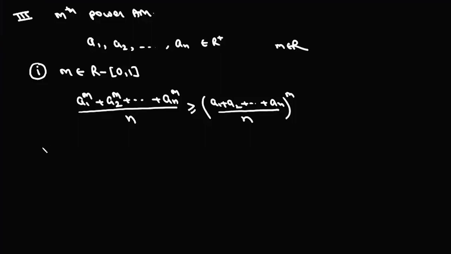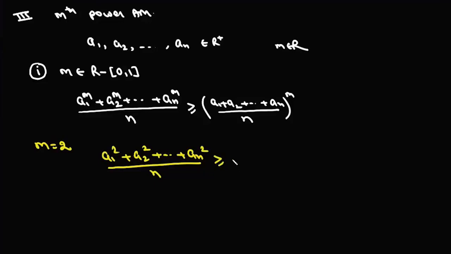Now we take an example. Say for example, we consider m as 2. Then this left hand side will be (a1 square plus a2 square up to an square) by n, which is the arithmetic mean of their squares, and it will be greater than or equal to the square of their arithmetic mean, which is (a1 plus a2 up to an upon n) whole square.